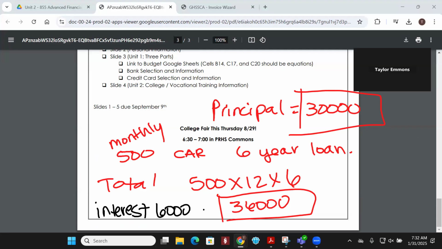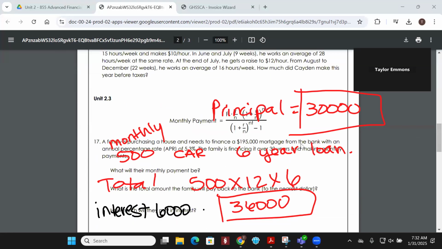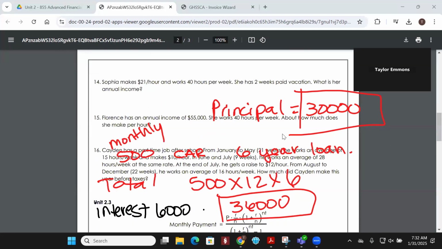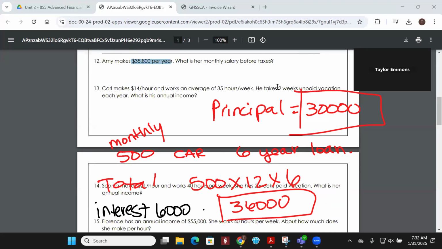Another question is literally using the formula. So there's 3 questions that are using the monthly payment formula. Are we okay on those? Yep, go ahead. Say it again. 13. Because we had 2 weeks of unpaid vacation.